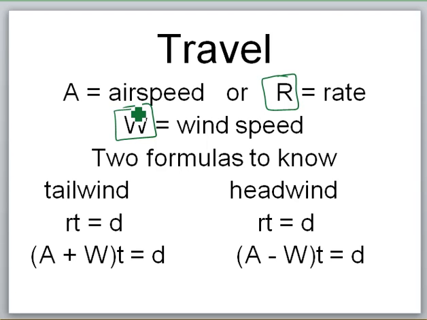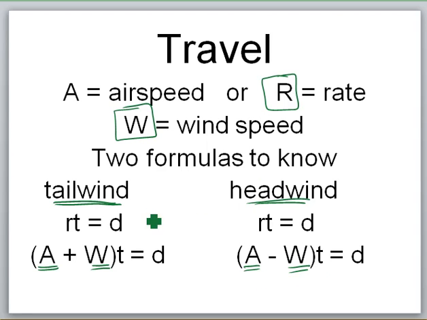The two formulas you need to make sure you understand: a tailwind means that you're gaining speed, because it's the airplane speed plus the wind itself. A headwind means that you're traveling against the wind, so the wind is slowing you down, and you end up subtracting off your wind speed.